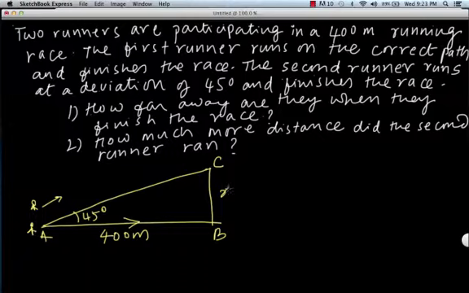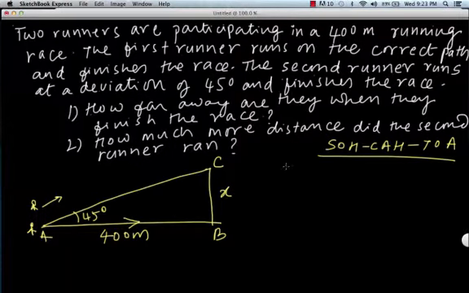So what is this? Again, let's write our mantra: SOH CAH TOA. We have an angle of 45 degrees. We have to calculate the opposite side and we know the adjacent side. So that is again tan.